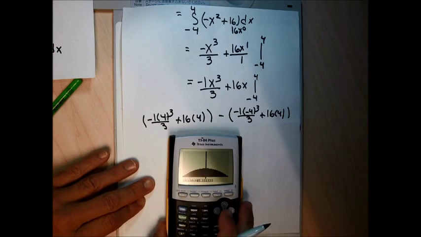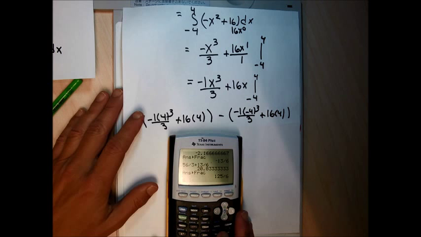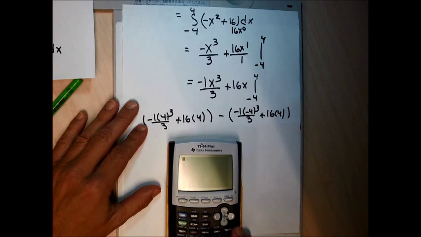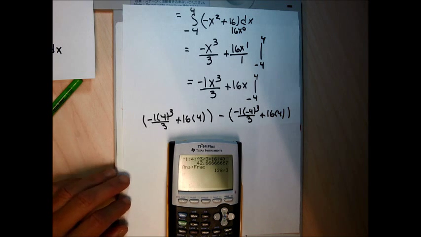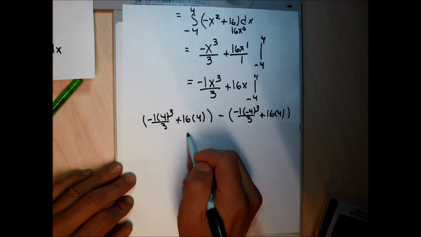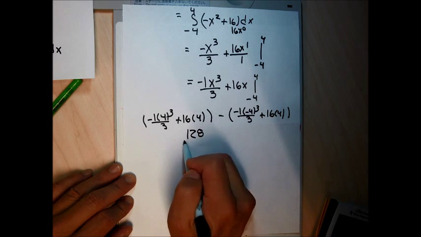Calculator work from this point. So first parentheses, get back to the main screen. I'm going to do -1 times 4 up arrow 3 divided by 3 plus 16 parentheses 4, and math, enter, enter. So I get 128 over 3 for the first computation.